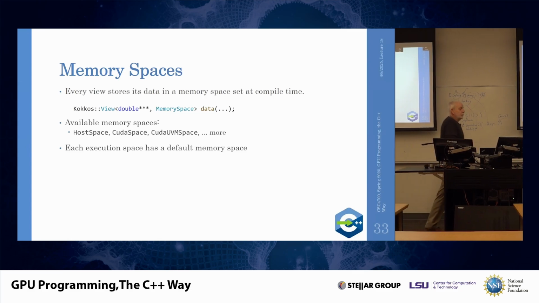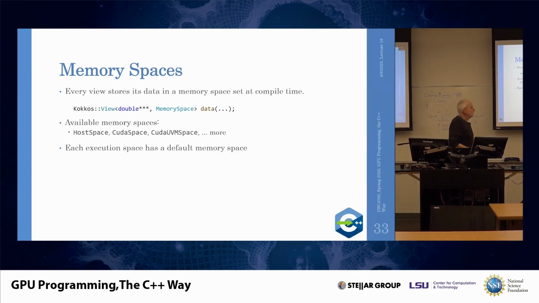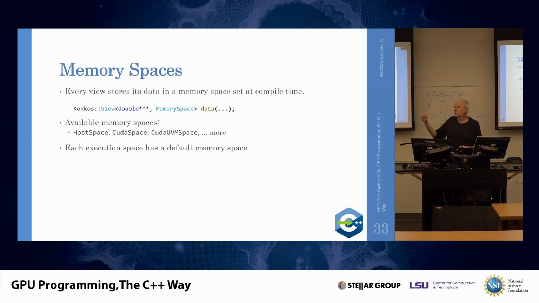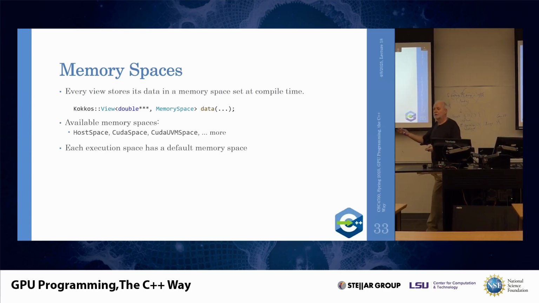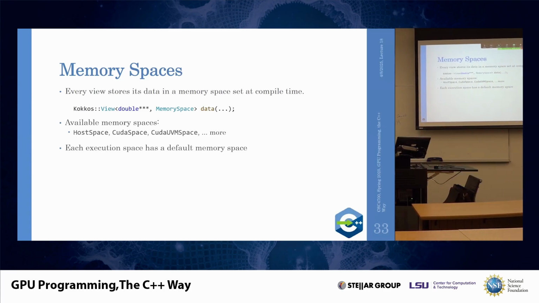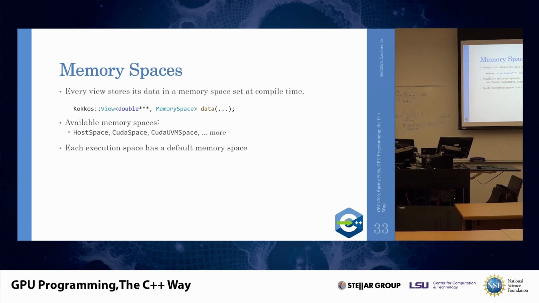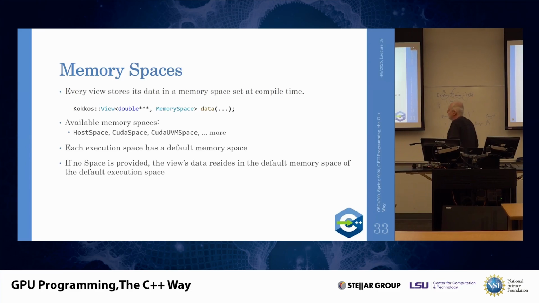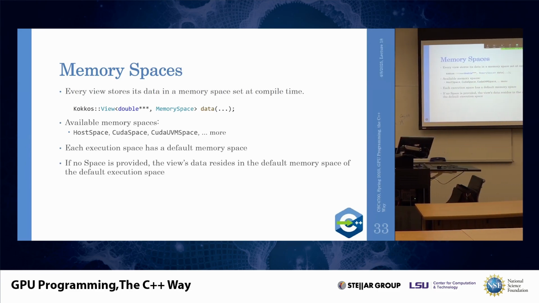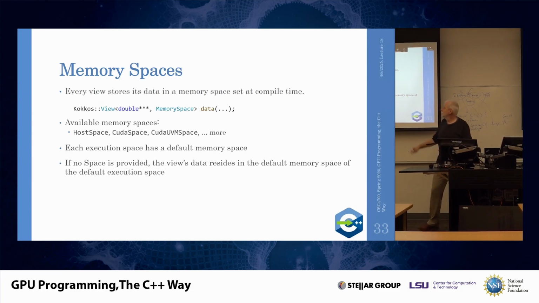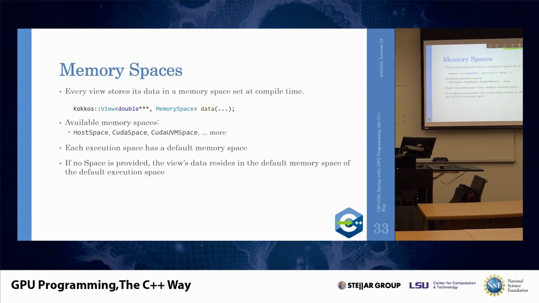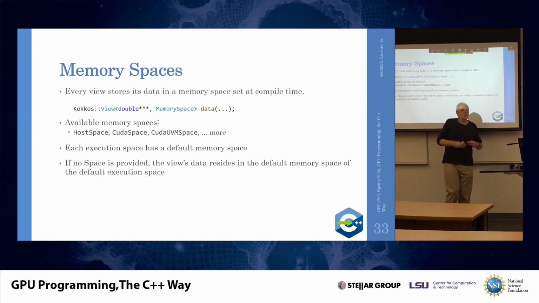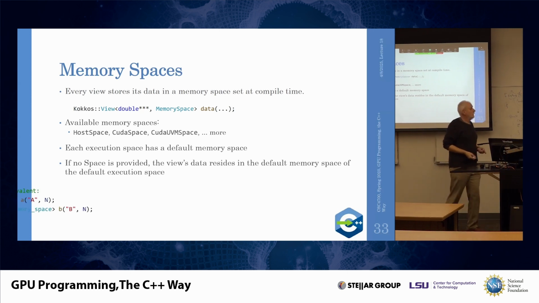Each execution space has a default memory space associated with it. Obviously, right? When you want to run on a CPU, you probably want to have the data located on the CPU as well. So the execution space knows where its data is located. If no memory space is provided, the view resides in the default memory space. So if you don't pass in the memory space, it will use the default memory space of whatever you configured at compile time.